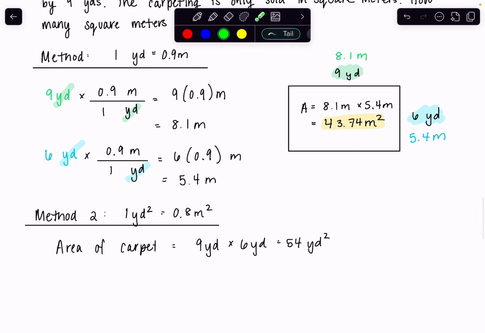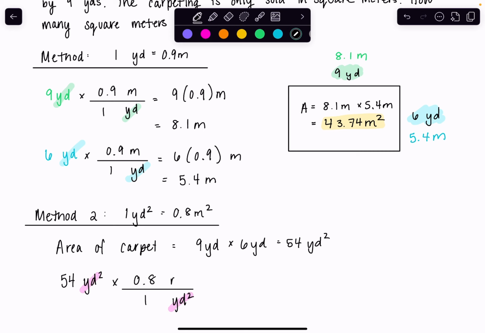Then I have this direct connection to be able to convert it. So 54 yards squared, to get rid of yards squared, we put it in the bottom. So this way it cancels out. And 1 yard squared is 0.8 meters squared.